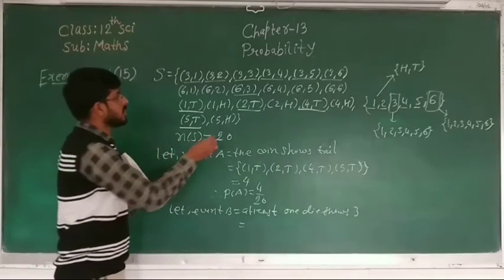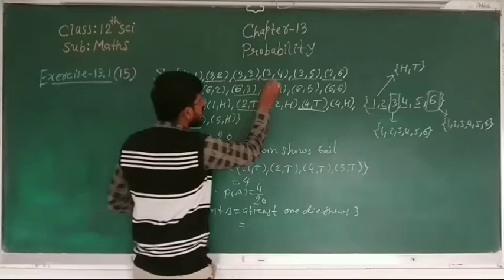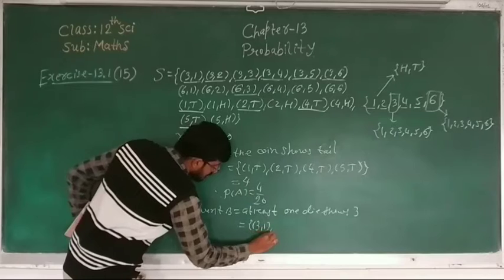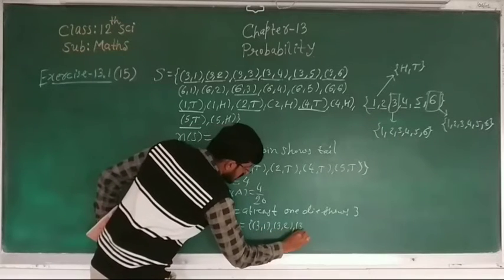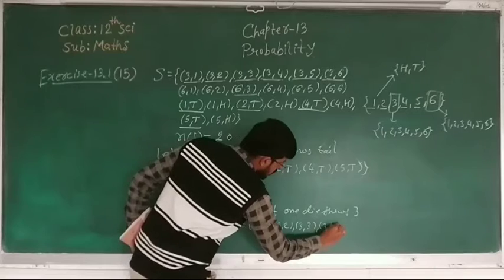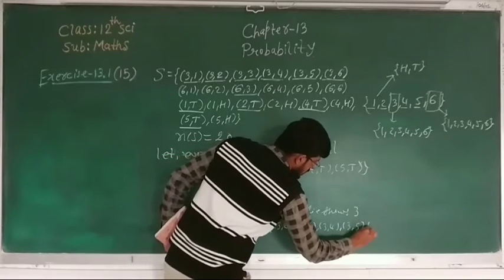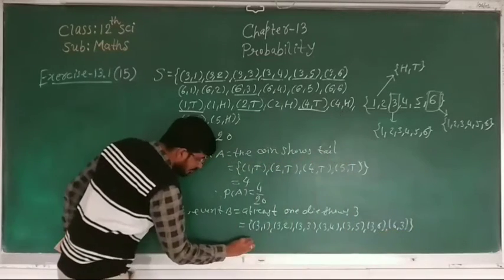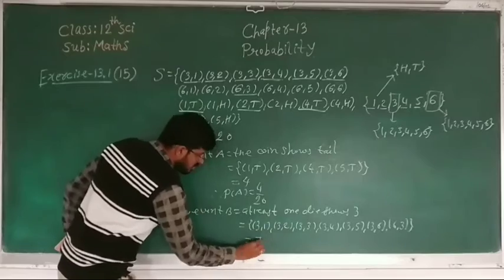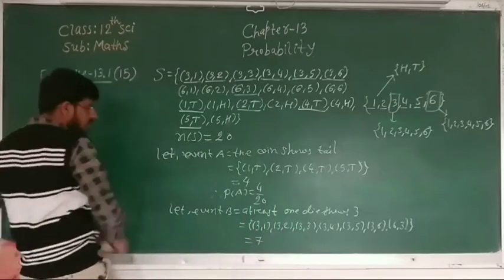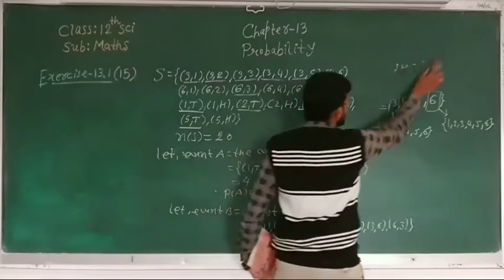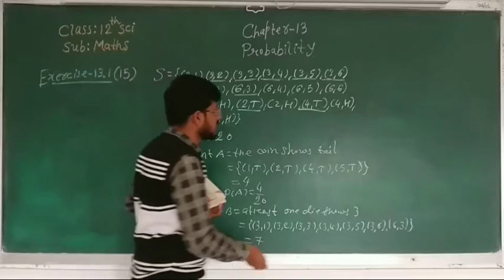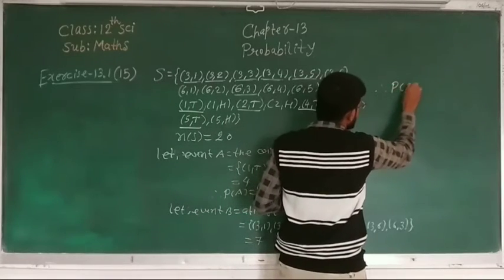So we have 3,1; 3,2; 3,3; 3,4; 3,5; 3,6 and 6,3. We get 7 outcomes. Therefore, P of B is equal to 7 by 20.